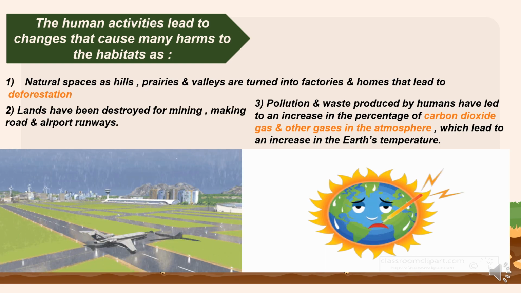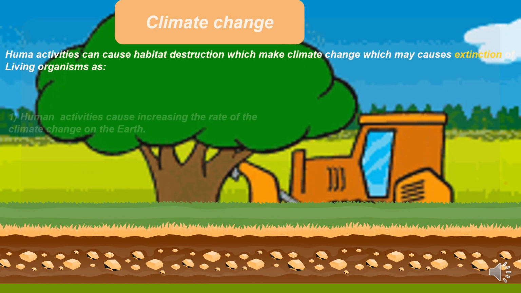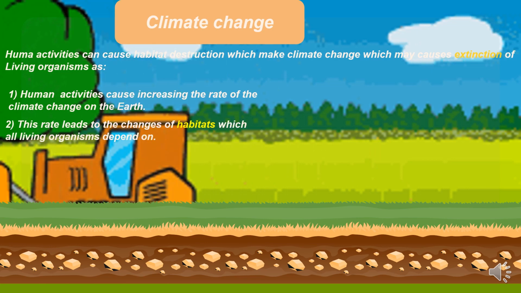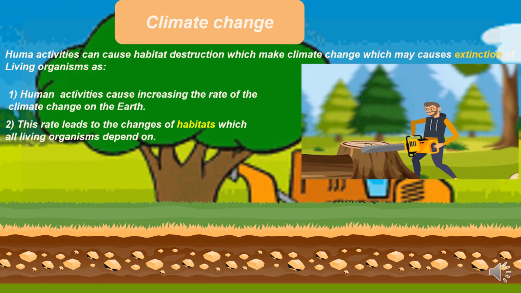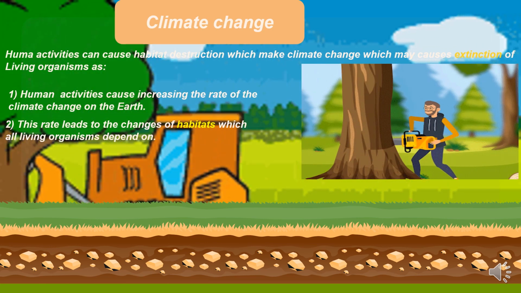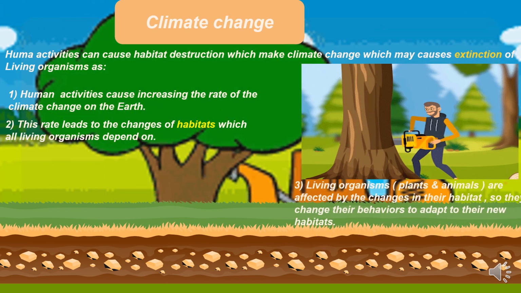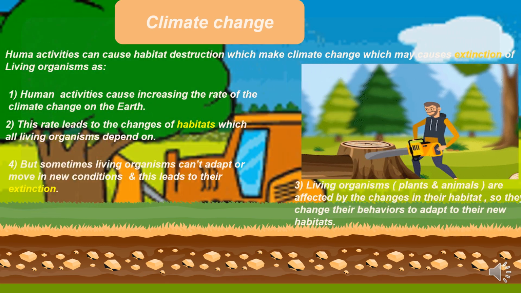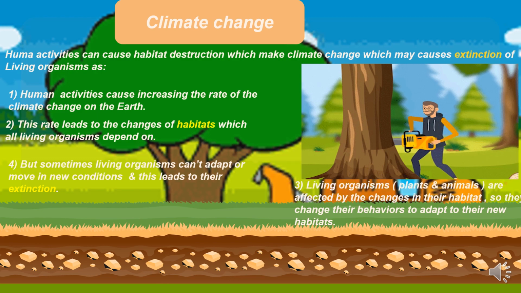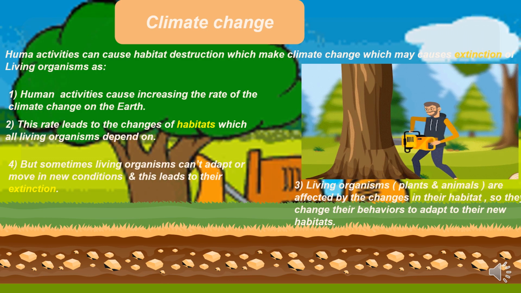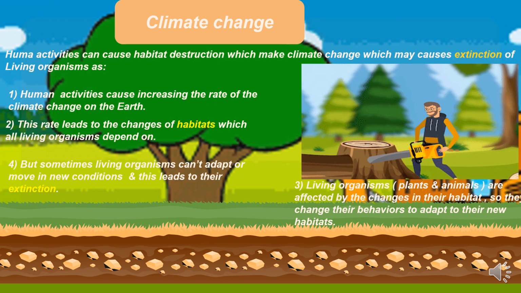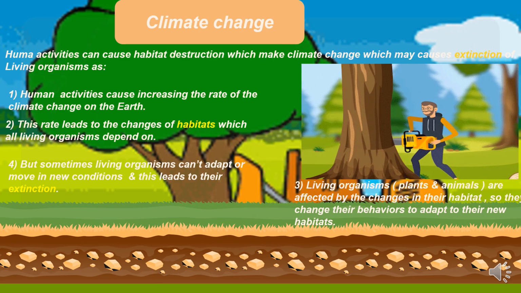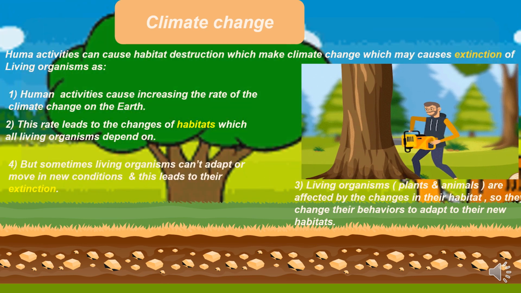Super, primary 6. And now I want you to know that from all we said before, any climate change may cause habitat destruction, but the living organisms in this area or part of the ecosystem can adapt to survive the environmental change. If they succeed in adapting, they will survive.